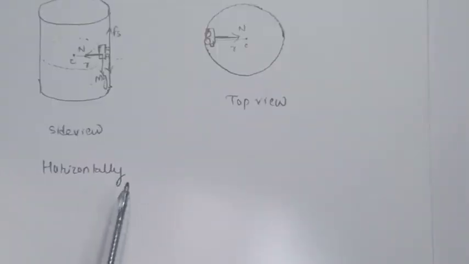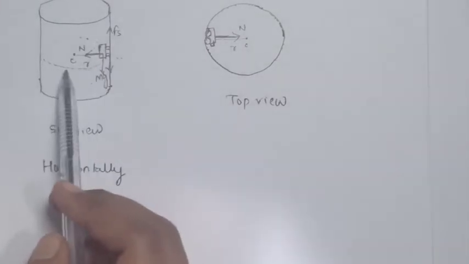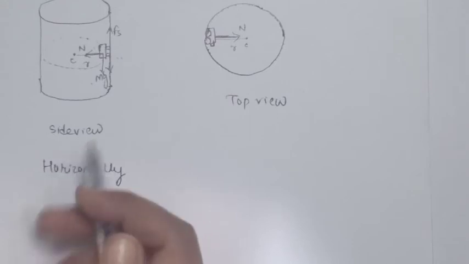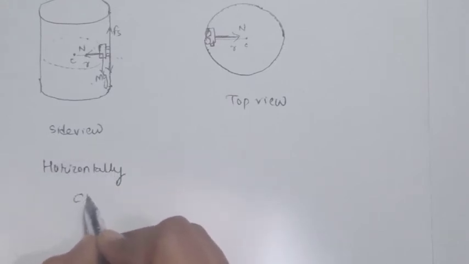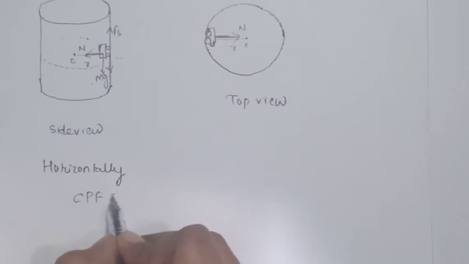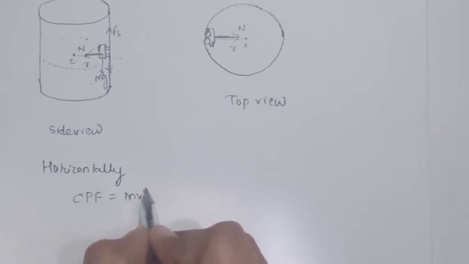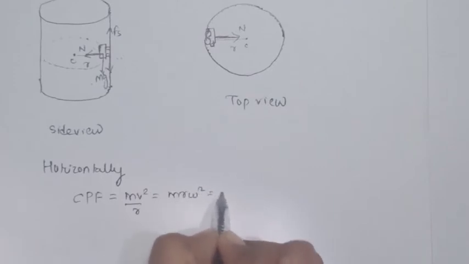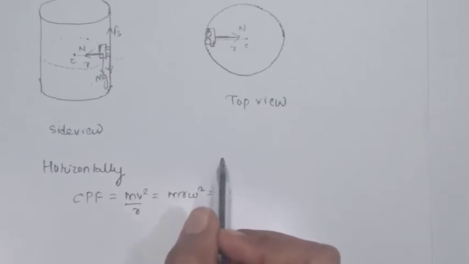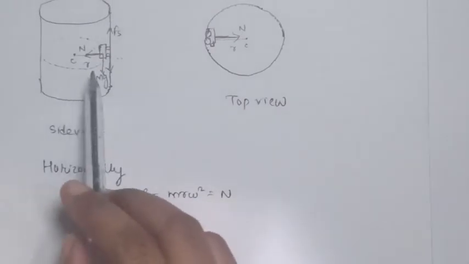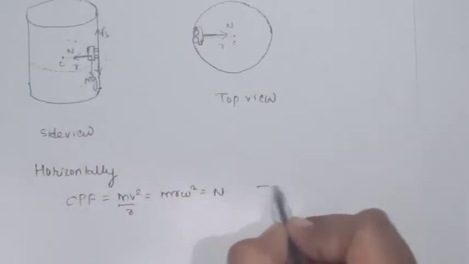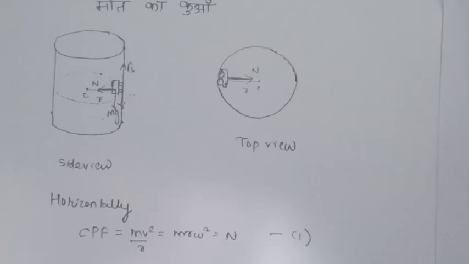Horizontally, we know the net force is the required centripetal force, so the normal contact force provides the required centripetal force, which we write as centripetal force equals mv square by r, or m r omega square, which is equal to N. So the normal contact force is providing the required centripetal force. Write this as equation 1.